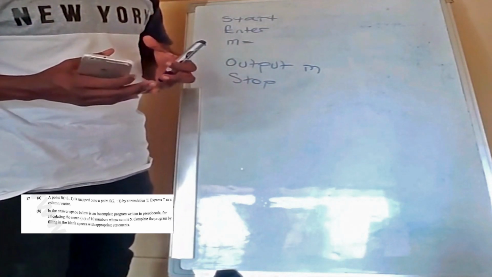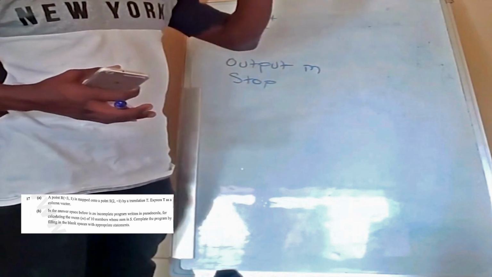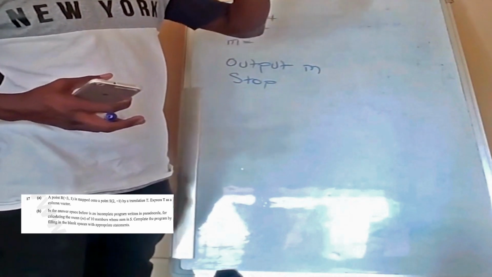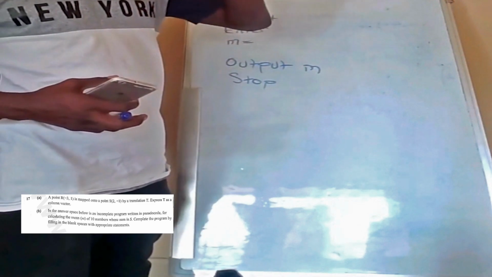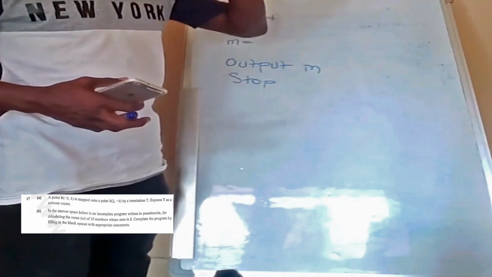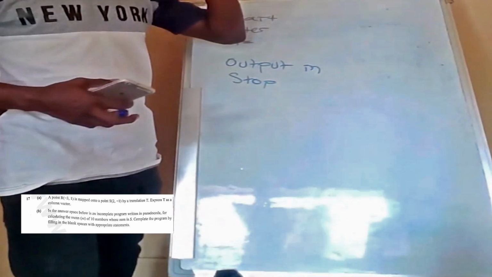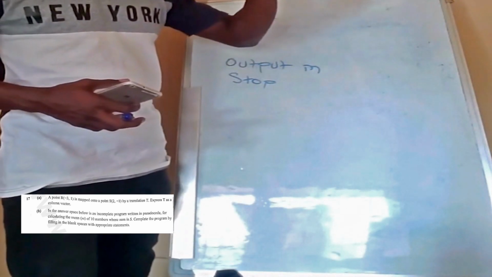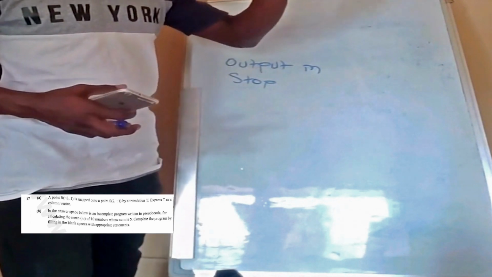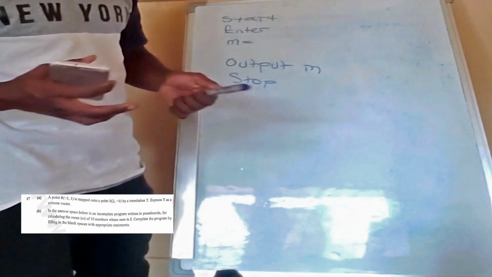You might have a flowchart and you have to translate that into a pseudocode, or you have a pseudocode and you have to translate that into a flowchart. A pseudocode is something that you can understand by reading. A flowchart you can also understand, but it's got symbols and whatnot.